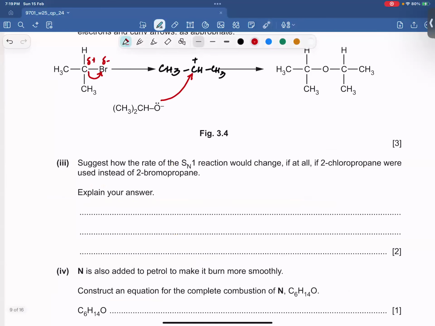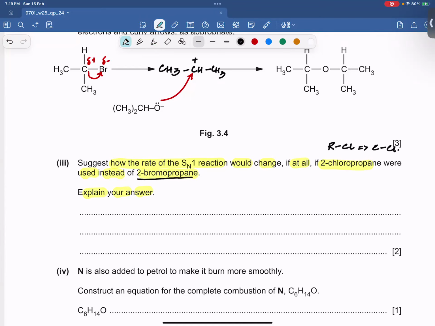Suggest how the rate of SN1 reaction would change if at all if 2-chloropropane were used instead of 2-bromopropane. Explain your answer. Well, in 2-chloro, that is a general representation of 2-chloropropane in which we have carbon chlorine bond.